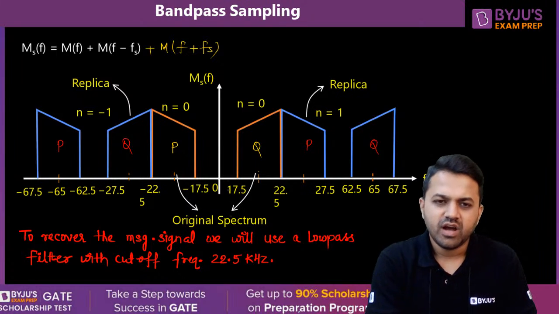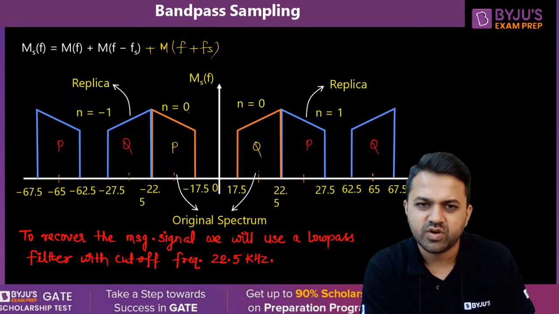Our original information is for n equal to 0, that P and Q, we want to recover.